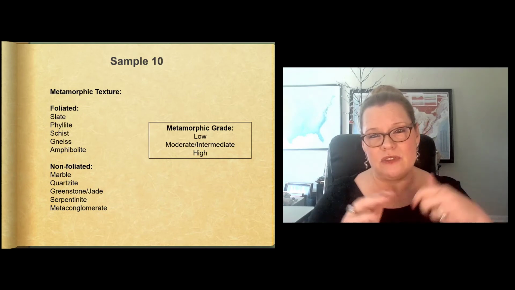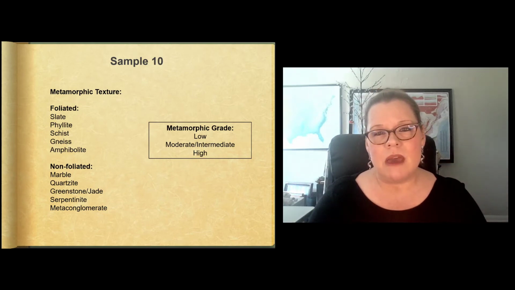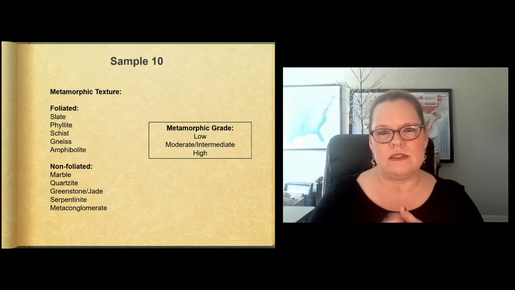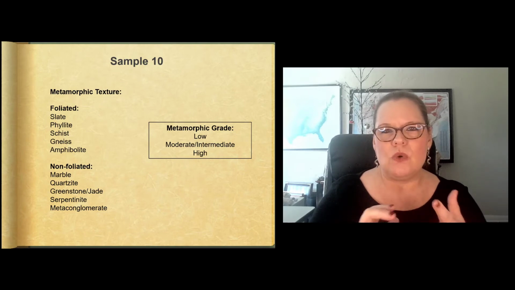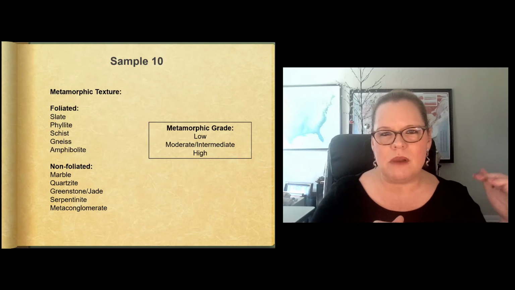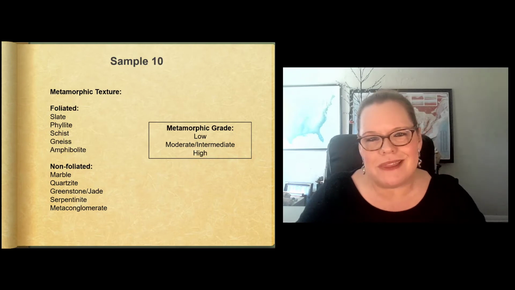So you're getting into the moderate to high metamorphic grade, where phyllite is low and sometimes to the intermediate. So I think you're still on a low area. You're working your way from just being plain Jane slate up to getting into the higher versions. So what rock would this be?